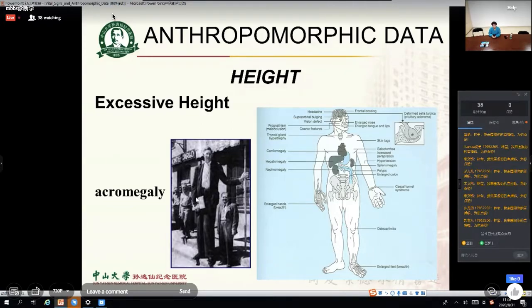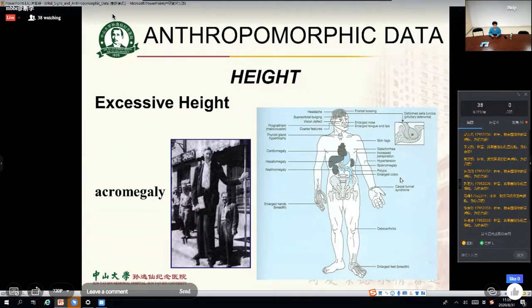And this is a disease that can involve many organs all over the body, such as the frontal lobe bruising, and the patient may have a vision defect, enlarged nose, enlarged tongue and lips, and also cardiomegaly, hepatomegaly, nephromegaly. All the organs are enlarged in the body.